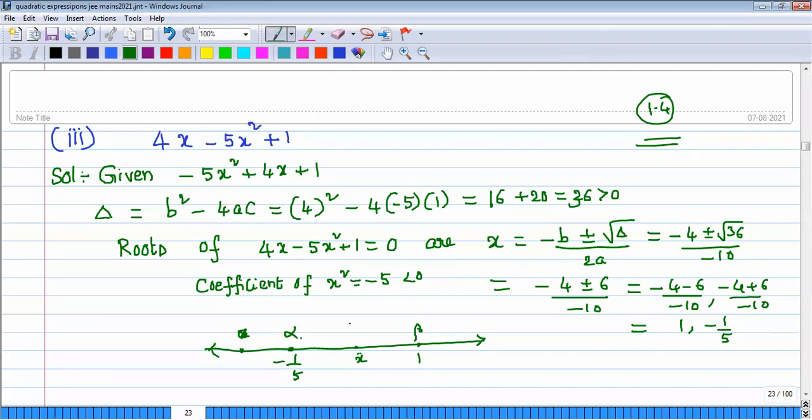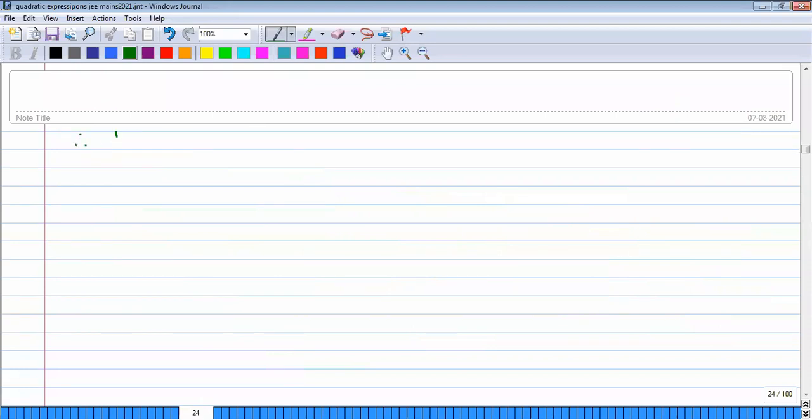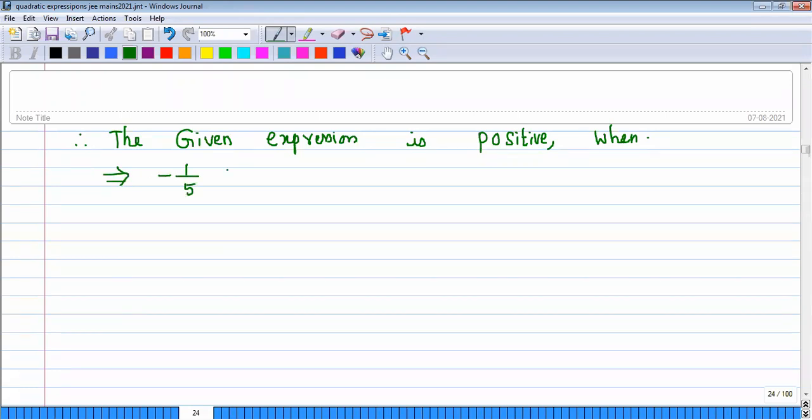So they have different signs if x lies between alpha comma beta. Therefore we can write like this: the given expression is positive, positive means greater than 0, when minus 1 by 5 is less than x less than 1, or x belongs to open minus 1 by 5 comma 1.